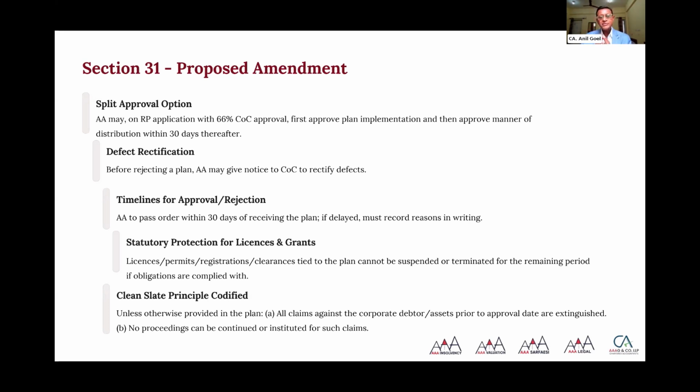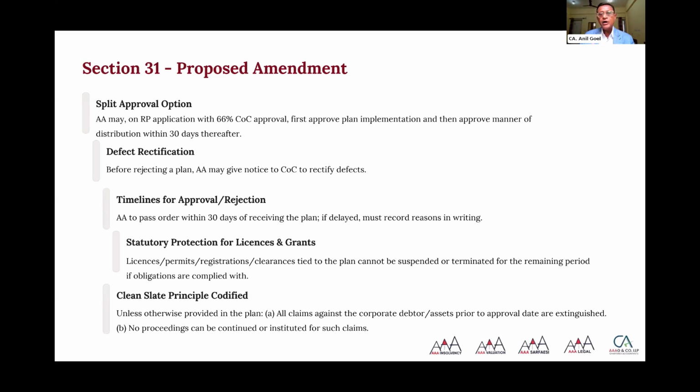Statutory protection for the licenses and the grants: once the resolution plan is approved, the licenses, permits, registration, clearances, all tied up with the plan, cannot be suspended or terminated for the remaining period if the current obligations are complied with. Secondly, the clean slate principle has been brought into the code.